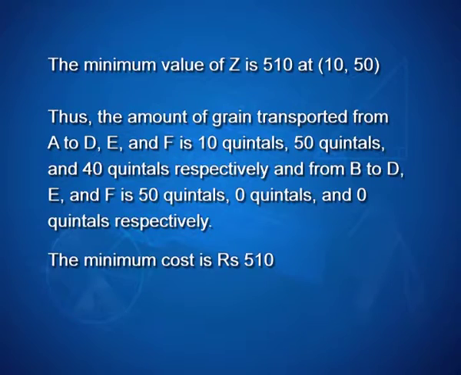So, our solution would look like this: the amount of grain transported from A to D, E and F is 10 quintals, 50 quintals and 40 quintals respectively. And from B to D, E and F, using the value of x as 10, y as 50, it amounts to 50 quintals, 0 quintals and 0 quintals respectively. And the minimum cost is rupees 510.